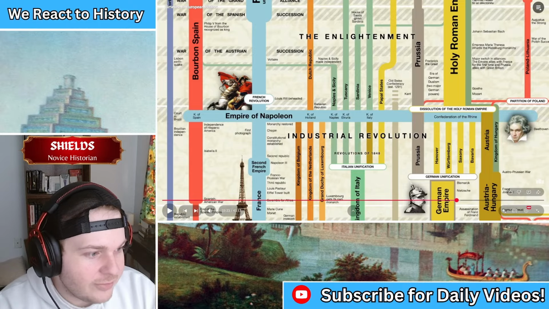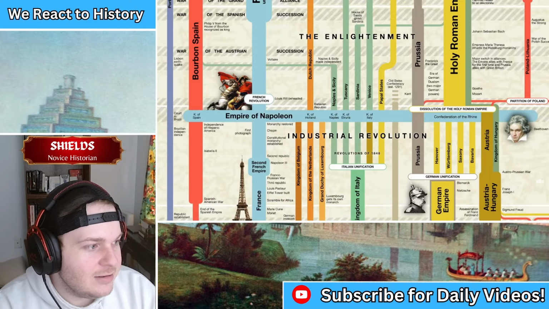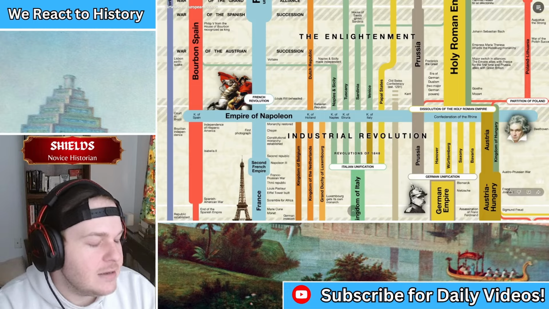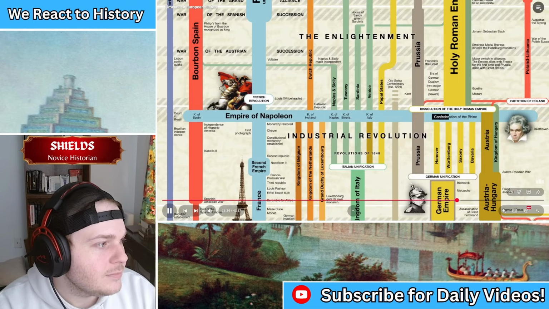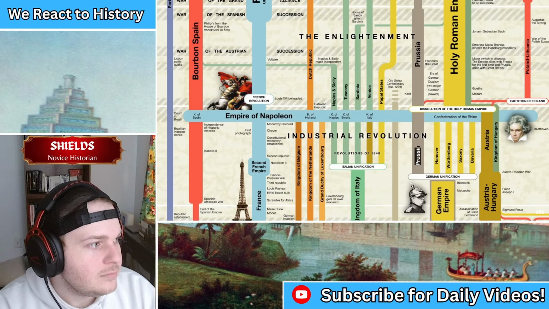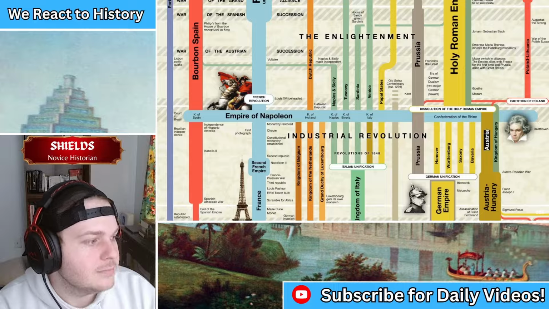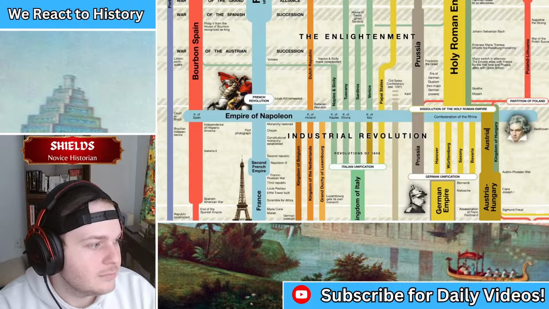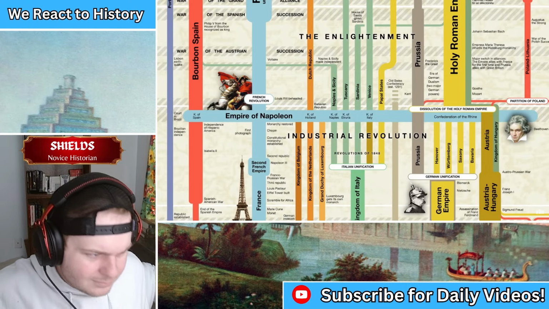Look at all this stuff, the 19th century is insane. In its place, the Confederation of the Rhine was created, with Prussia becoming independent and the Habsburg lands becoming the Austrian Empire.